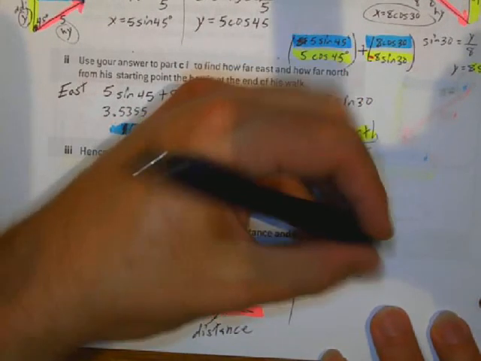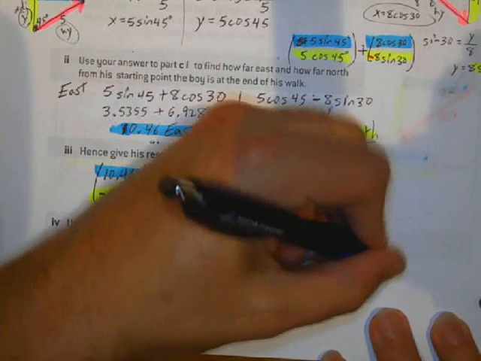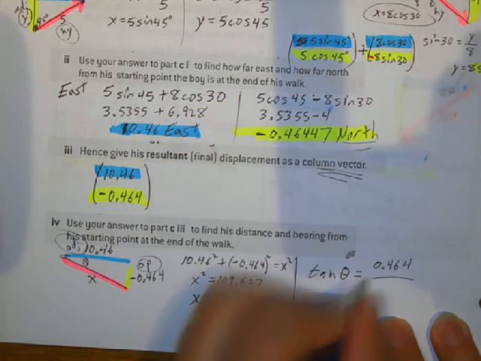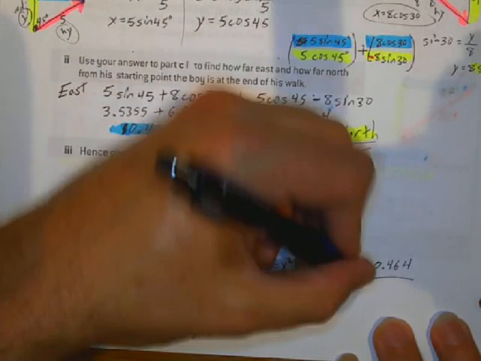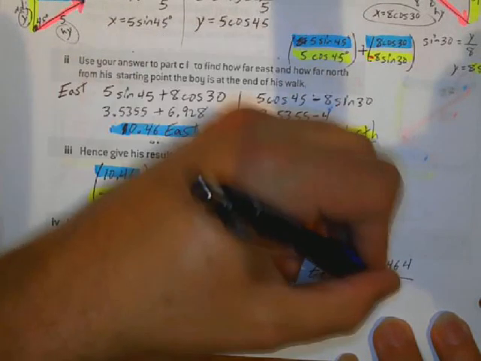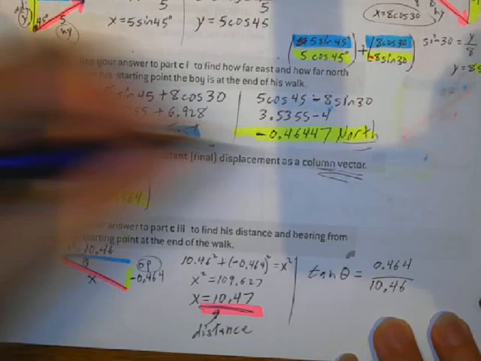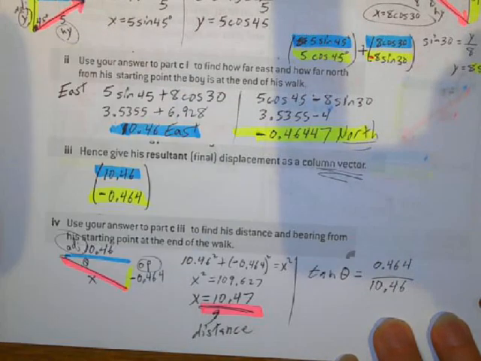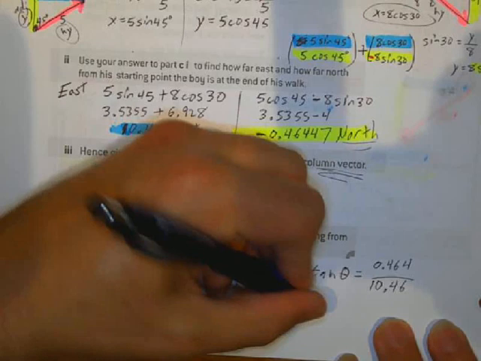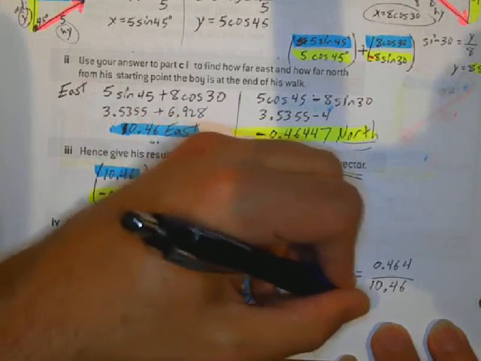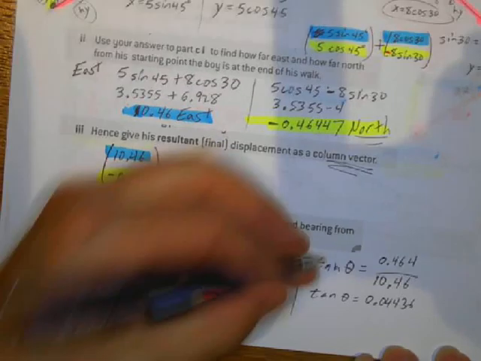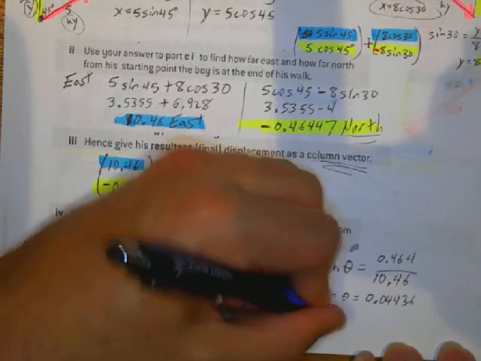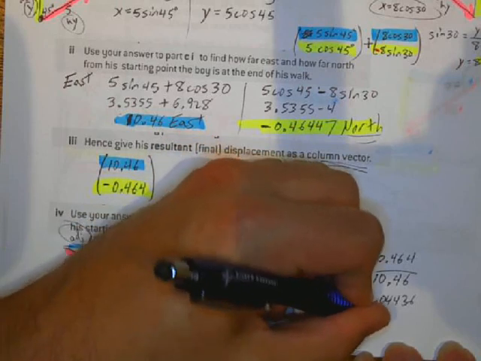So 0.464 over the adjacent 10.46, and then I get tangent theta equals 0.04436, and I do inverse tan on my calculator, and I get theta equals 2.5 degrees.